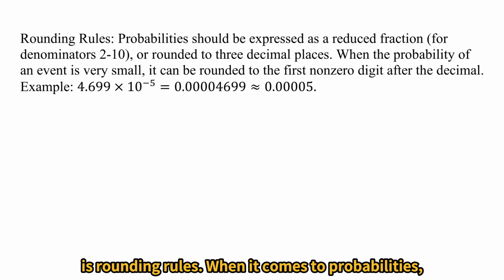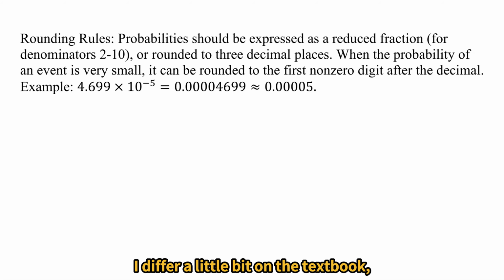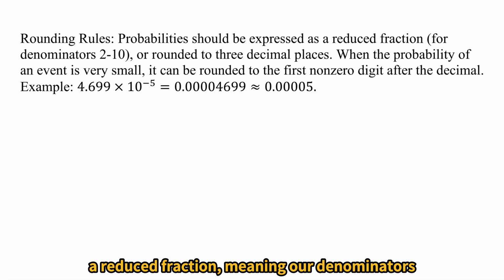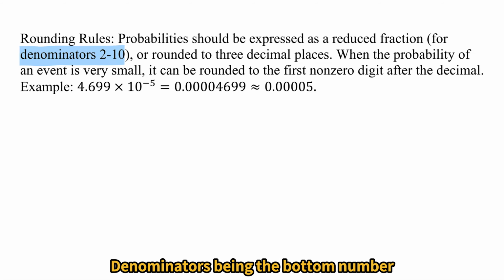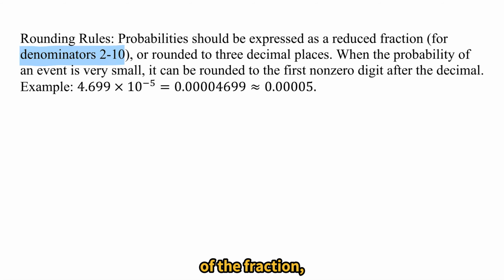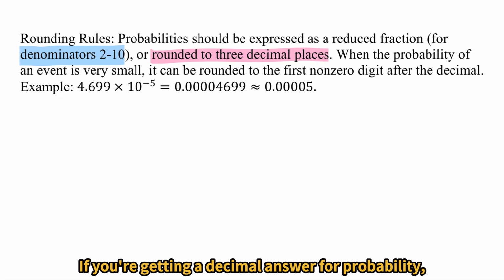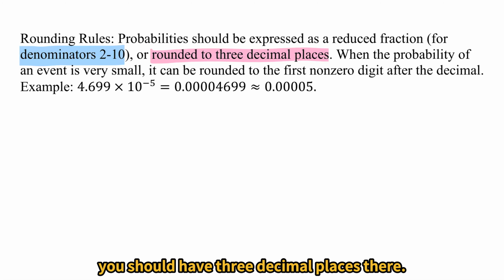When it comes to probabilities, I differ a little bit from the textbook because I think probabilities should either be a reduced fraction, meaning our denominators are between 2 and 10, denominators being the bottom number of the fraction, or rounded to 3 decimal places. If you're getting a decimal answer for a probability, you should have 3 decimal places there.